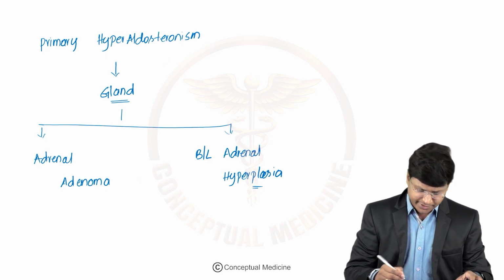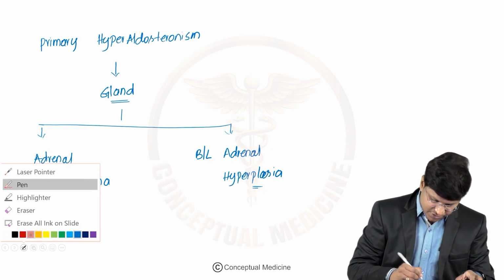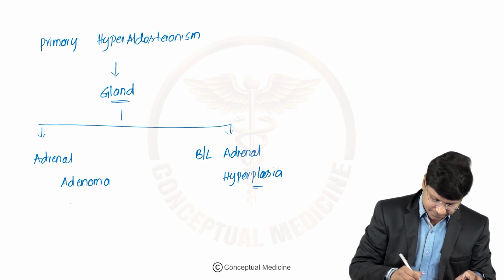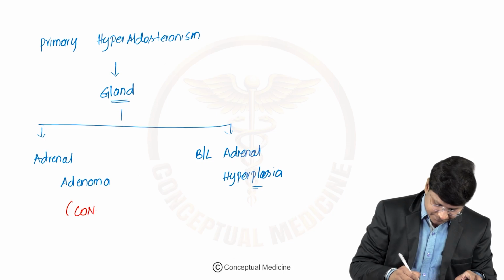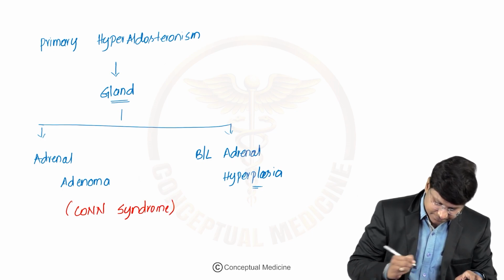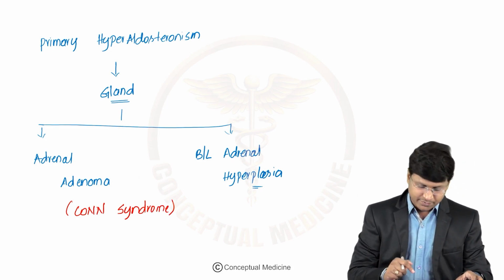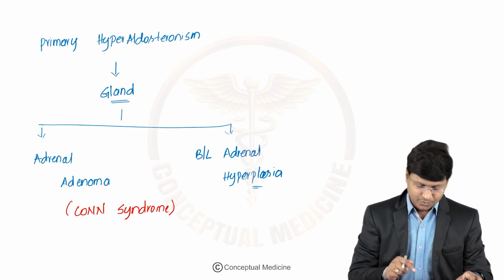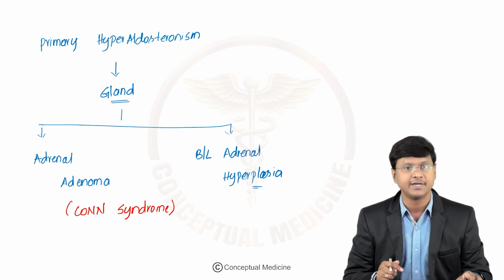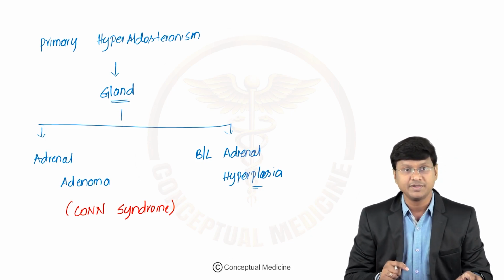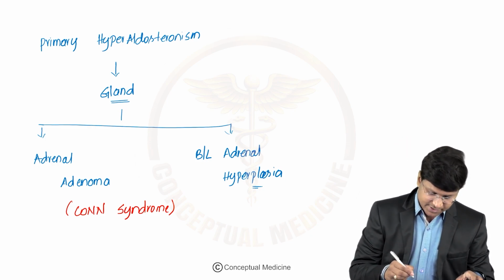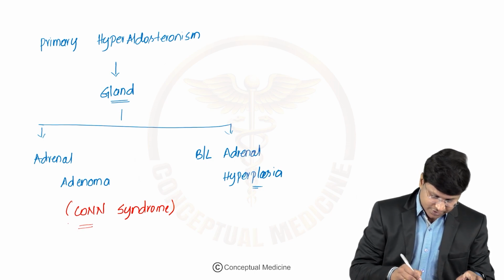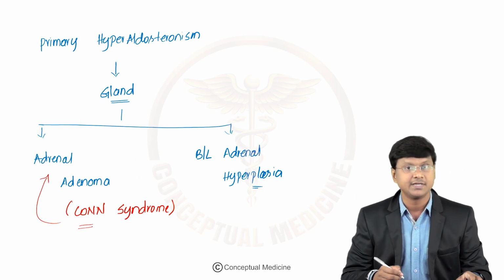Now, one important point you should remember is that we use the word Conn syndrome only for adrenal adenoma. We don't use the word Conn syndrome for bilateral adrenal hyperplasia. If the question is asked what is the most common cause of Conn syndrome, then the answer is adrenal adenoma.